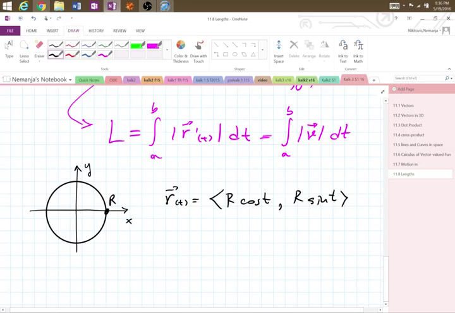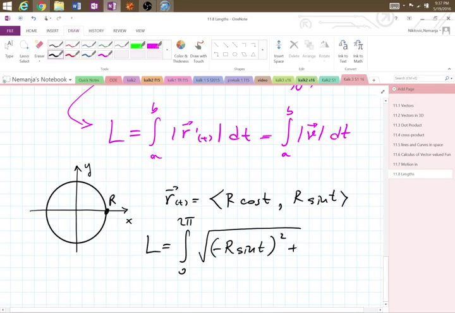And now what we do is we set up the integral. So t is going to be from 0 to 2 pi because we want the whole circle around. So we go 0 to 2 pi, and then we have the square root of the derivative of the first one, negative R sine t, squared, plus the derivative of the second one, R cosine t, squared, everything dt.